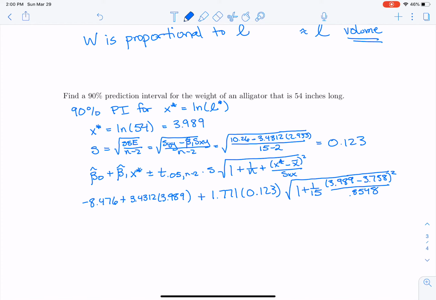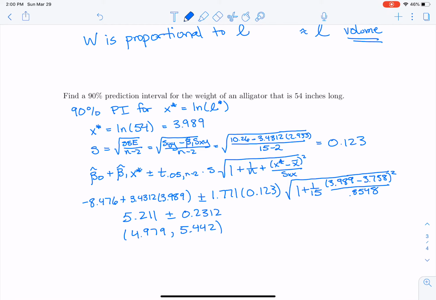Okay, that long computation is going to give me 5.211 for that first part, plus or minus, and then the second part ends up being 0.2312. So what I get is a confidence interval that looks like 4.979 to 5.442. And I misspoke there, not a confidence interval, a prediction interval.